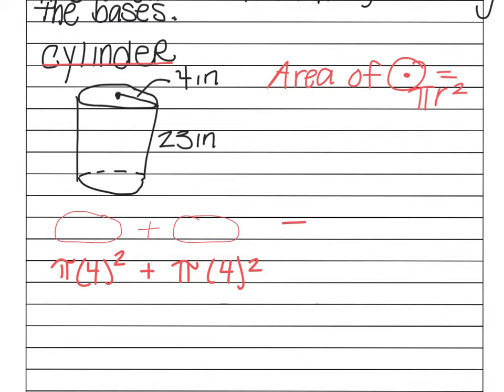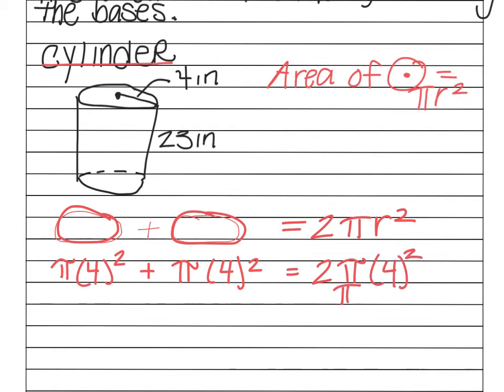You can also think of this as 2 times pi r squared, because there are two bases and you can multiply whatever we get for one of them by 2. So using that formula, I have 2 pi times 4 squared. 4 times 4 is 16, so we'll have 2 pi times 16, which is 32 pi.